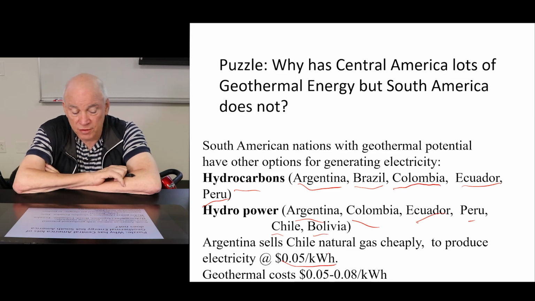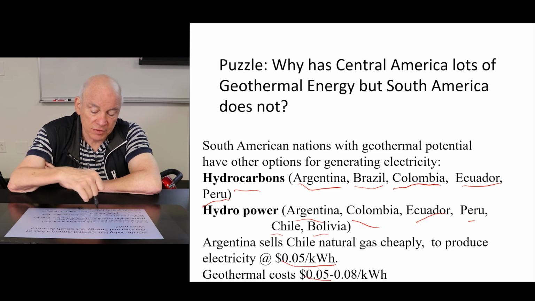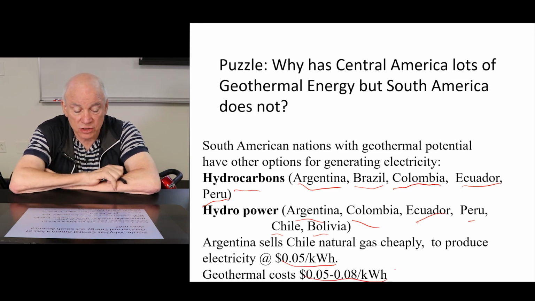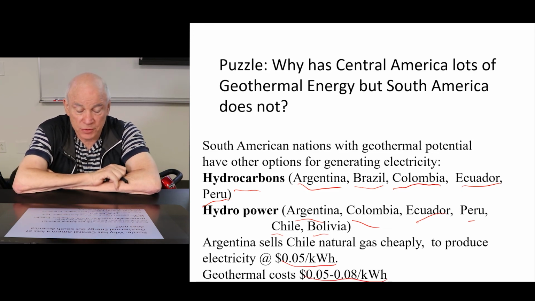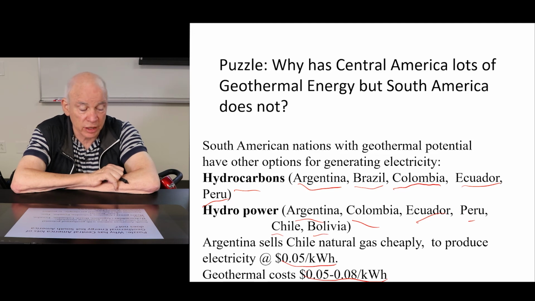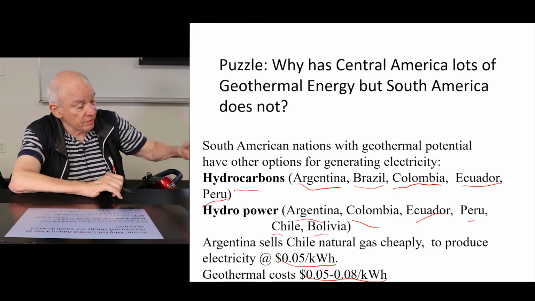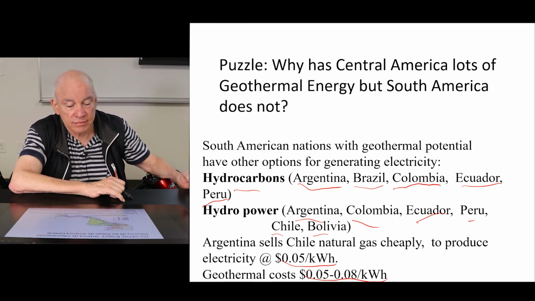And in general, geothermal is more expensive than that. It's more like 5 to up to 8 cents per kilowatt hour. And so the cheap source of energy is going to win. Now, maybe things will change as prices rise for fossil fuels, but that we'll have to wait and see.